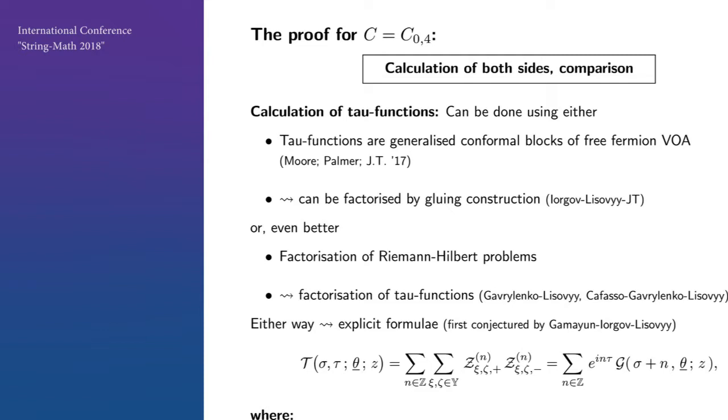And what is well known is that Young diagrams and charge label the states in the free fermion Fock space. And so this will give some piece corresponding to a left part of the surface, and this will give some piece corresponding to a right part of the surface. So that's the general structure that you expect when you do the factorization as you do it in conformal field theory.